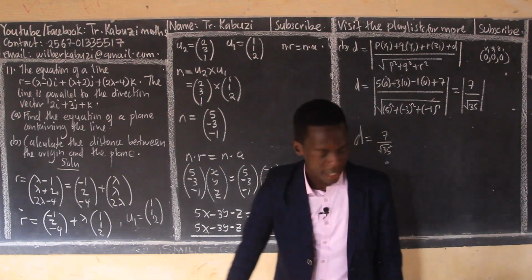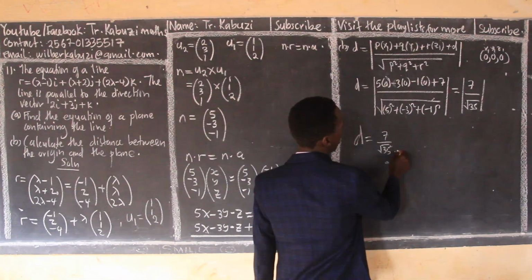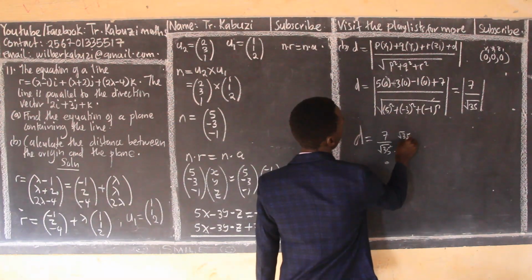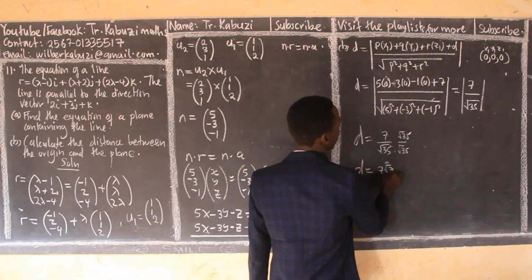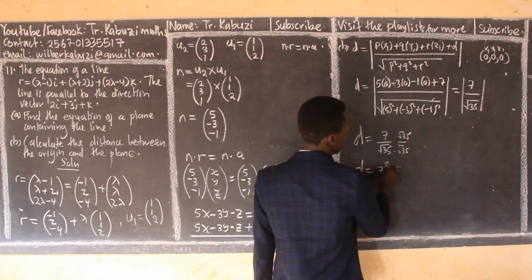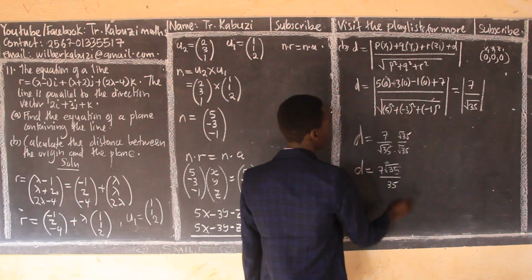But in math, we don't like surds in the denominator, so rationalize by multiplying by root 35 down and up. My D becomes 7 root 35 over 35.